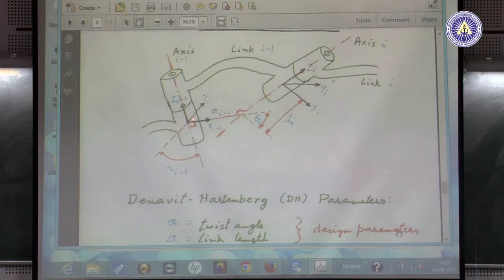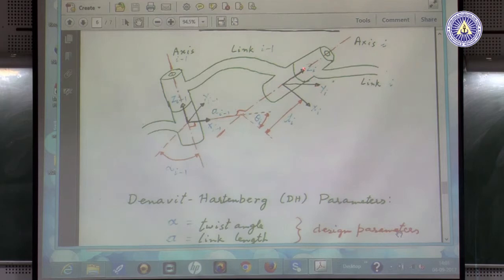So, in the first step, if you move it till this point, then the skew lines become intersecting. Okay, this line comes here. Then when you turn it about the common perpendicular about the x axis, then this z axis coincides. Then as you move it along this line about the local z axis, then you come here, origins coincide, x and y are still different in the same plane.